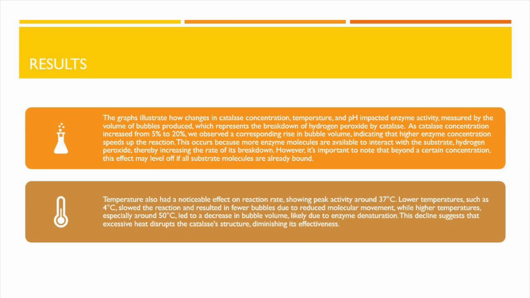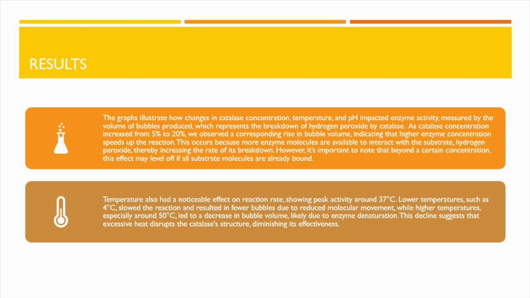The graphs illustrate how catalase concentration, temperature, and pH affected enzyme activity, measured by bubble volume. Higher enzyme concentration speeds up the reaction as more enzyme molecules interact with the substrate, hydrogen peroxide. However, beyond a certain concentration, this effect may level off if all substrate molecules are bound.